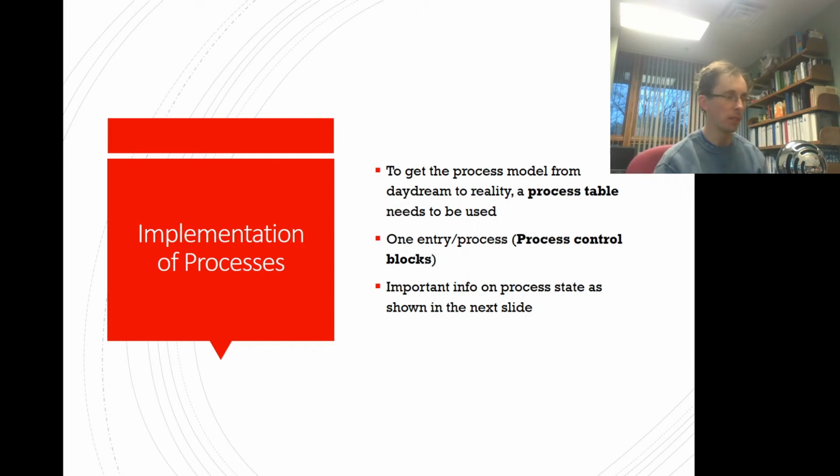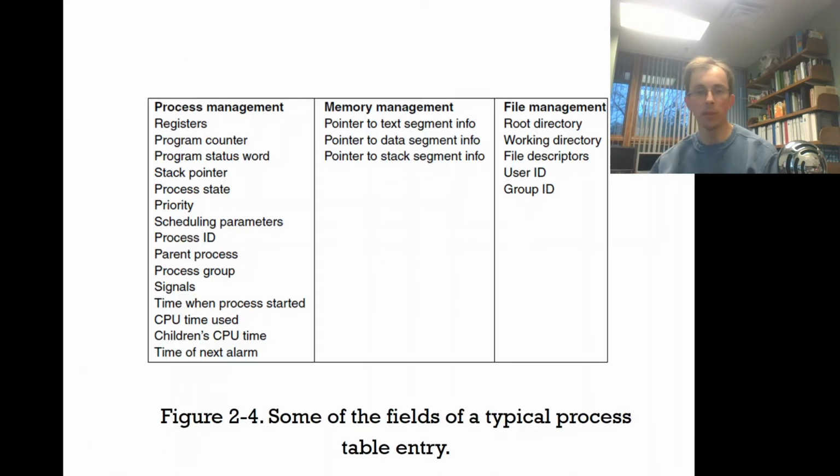So process control blocks, PCBs in some contexts. And then important info on process state is stored, right? So to do the bookkeeping of processes, you model them. The OS keeps a process table. It's an array of structures, one entry per process, called the process control blocks. Associated with I/O is a location near the bottom of the memory called the interrupt vector.